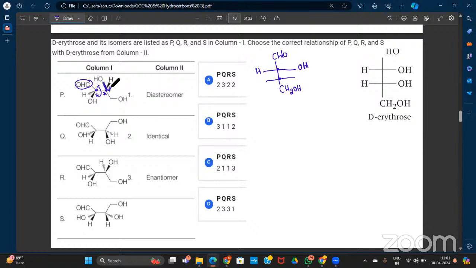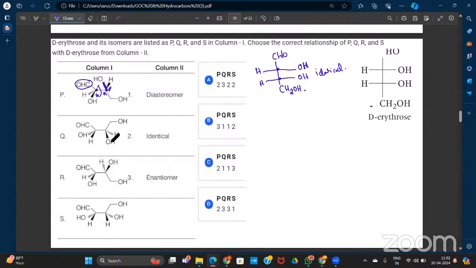So I can say that it will have the same arrangement, H OH. Now you can see that erythrose and this one are both the same. Therefore they are identical.